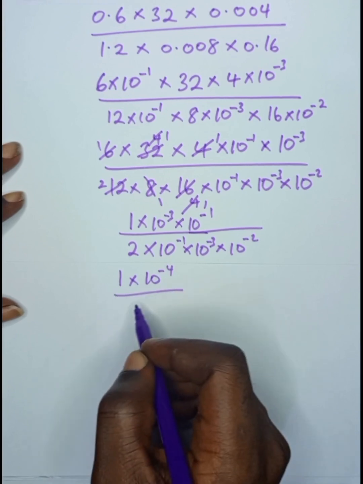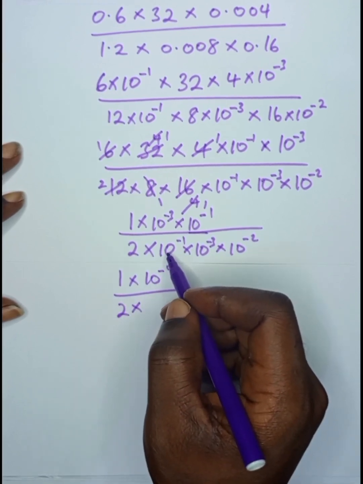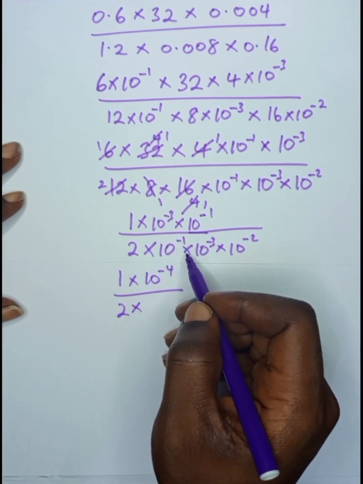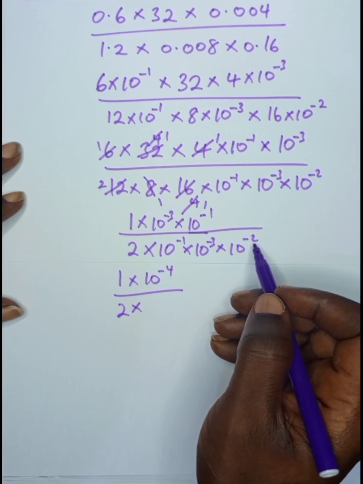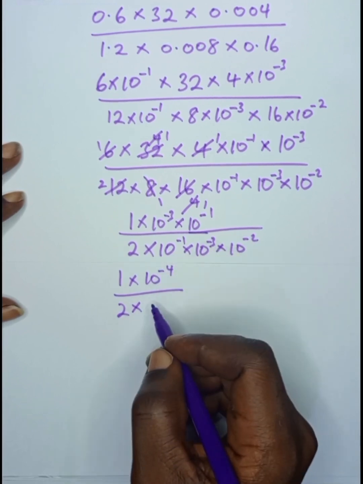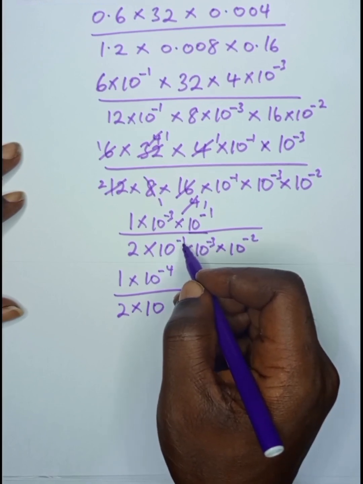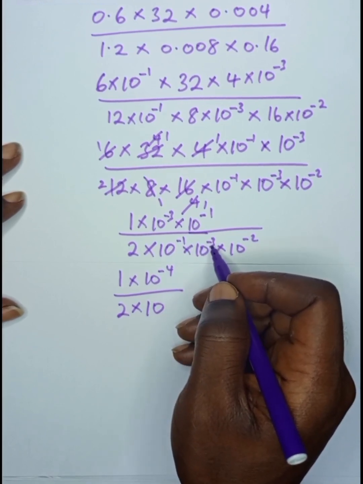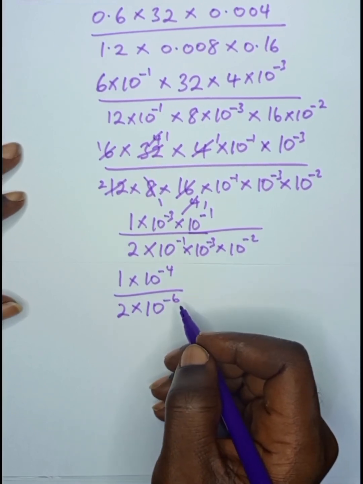All over, we have 2 times 10 raised to the power minus 1 times 10 raised to the power minus 3 times 10 raised to the power minus 2. They have the same base, so we maintain one base, then we sum the powers. Minus 1 minus 3 is minus 4, minus 2, which is minus 6.